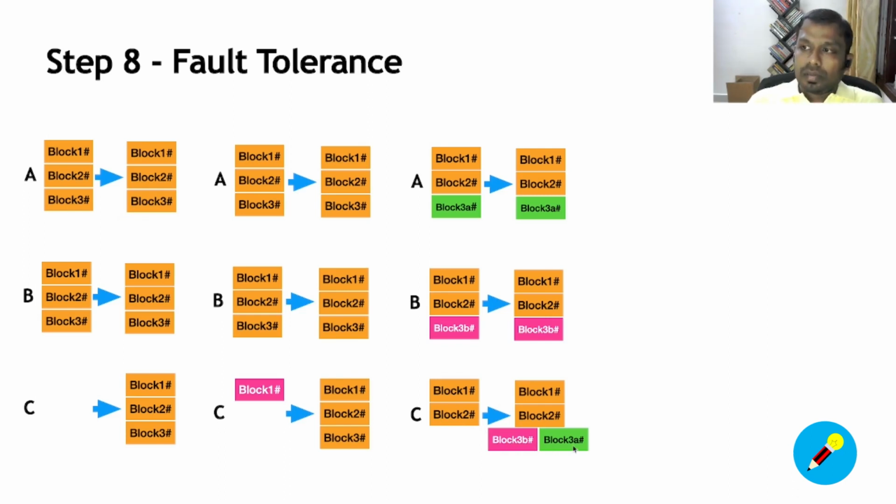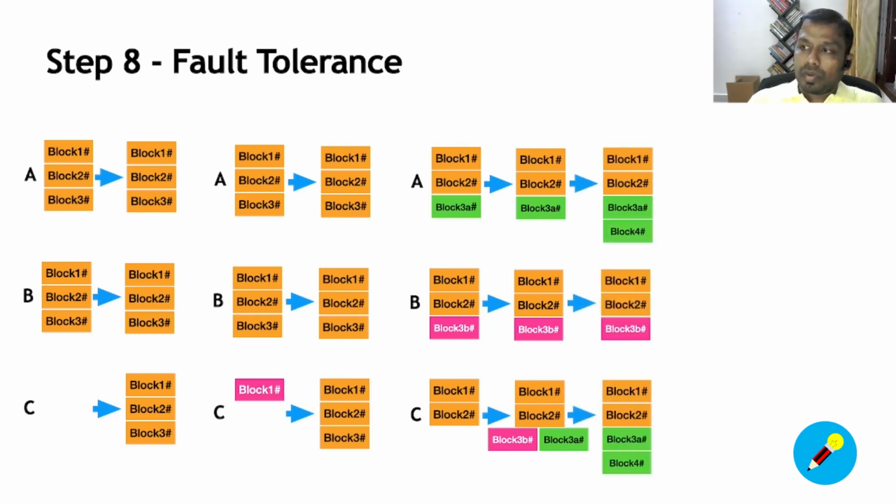Now, after a while, there are two possibilities that can happen. Either A builds the next block, or B builds the next block, right? Both are possible. The moment whichever node builds the next block successfully, so in this case, A builds the next block, which is block 4 hash, C would drop the other one, which is block 3B hash, and it will align with this longer chain.